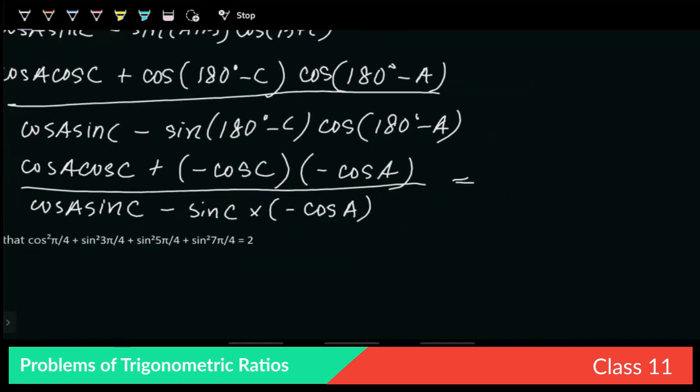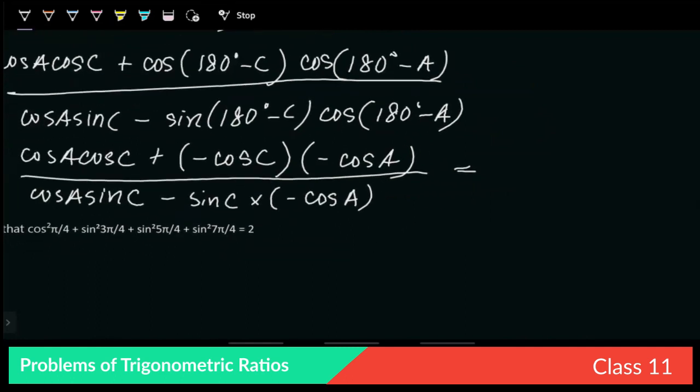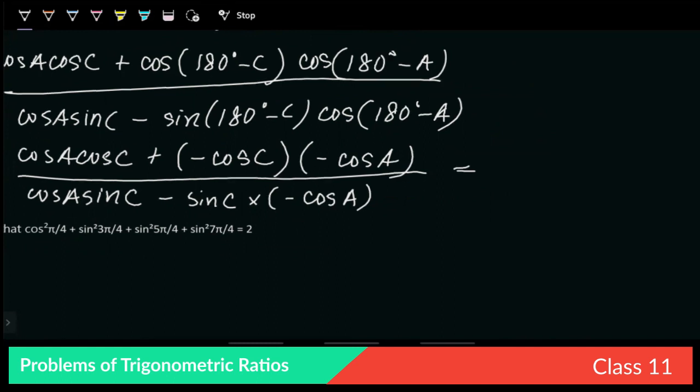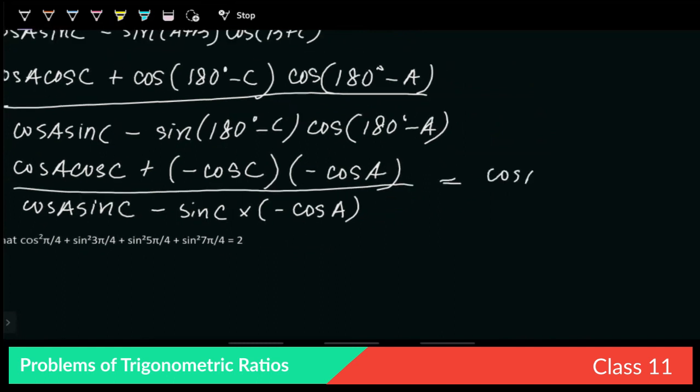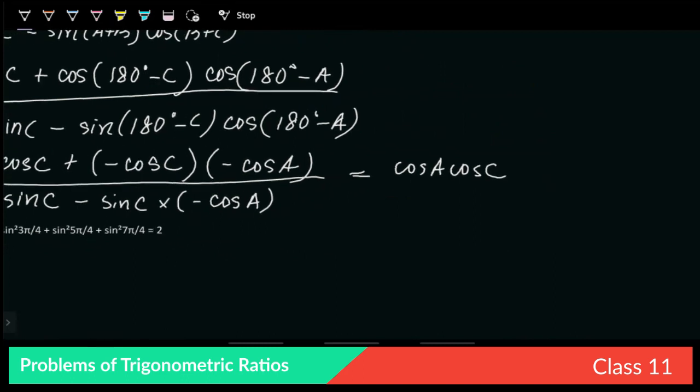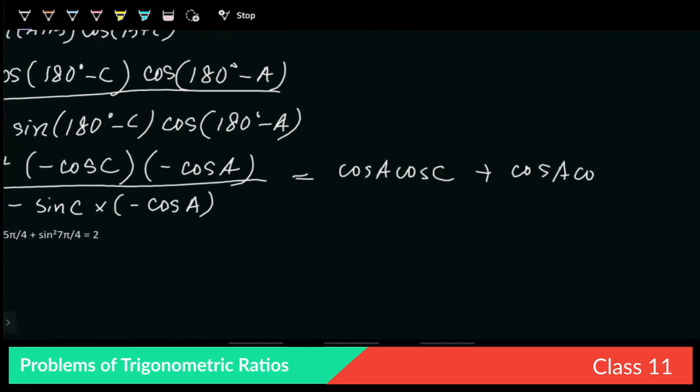Now see, the numerator cos A cos C is actually minus cos C into minus cos A. So minus minus will give us plus. So I will write cos A cos C, plus cos A cos C. Minus into minus is positive.